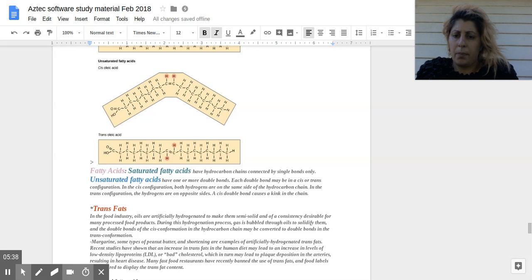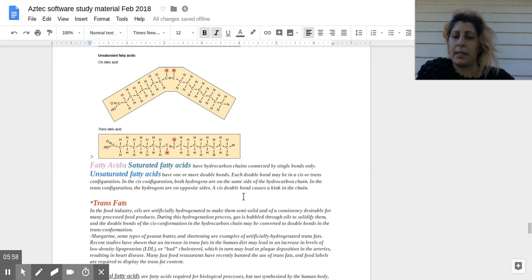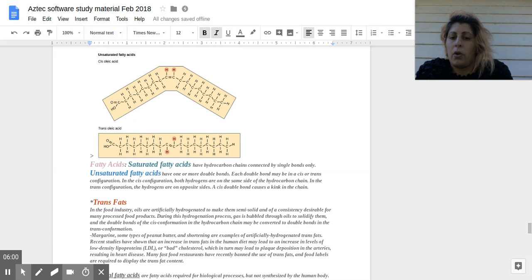The double bonds of the cis conformation in the hydrocarbon chain may be converted to double bonds in the trans conformation. So this is the opposite of liquefying the fat. It's making it more solid for certain purposes. Margarine, for example, some types of peanut butter and shortening are examples of artificially hydrogenated trans fats.